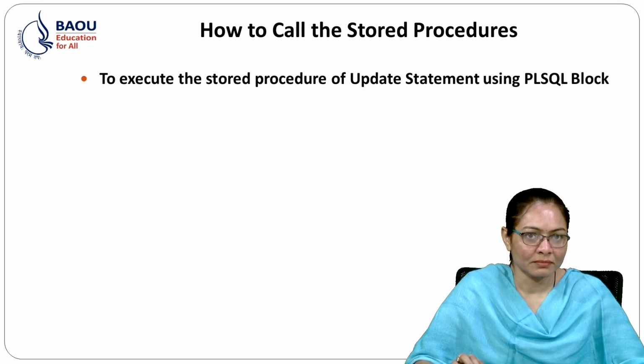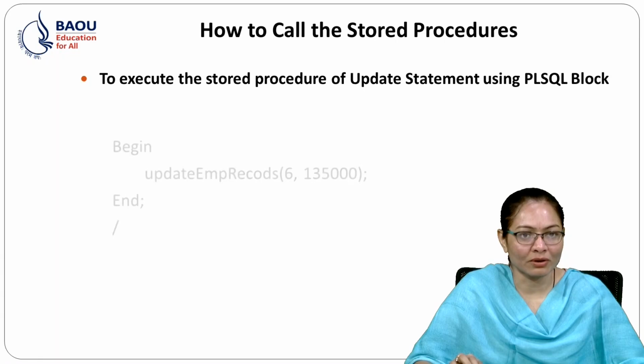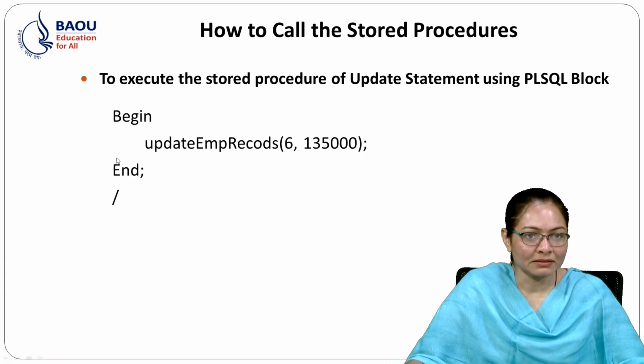Now how to call the stored procedure? When the previous procedure is successfully compiled, then execute the procedure using the PL/SQL block and check the table records. See in the PL/SQL block, in a begin, update EMP records, this is the procedure name, and in this, 6 and 1,35,000 are the values.